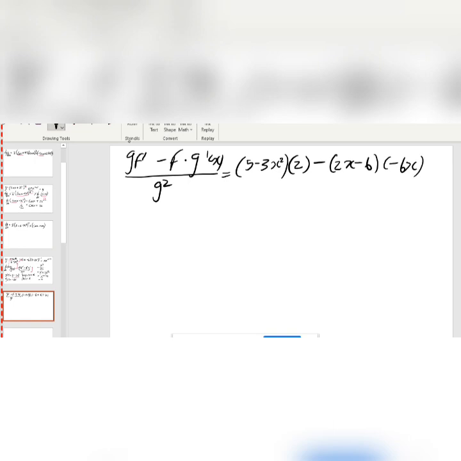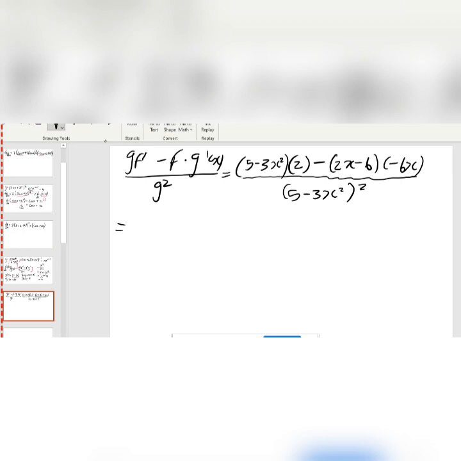Let me try to write the division. Okay, that's much better. Go and write your g of x. It's 5 minus 3x squared, all squared, guys, all squared.